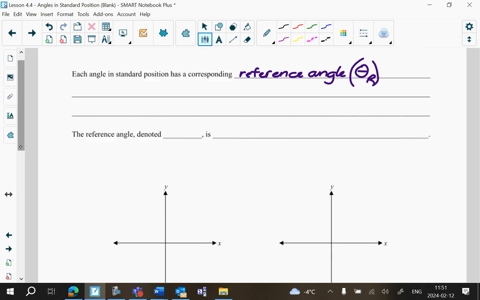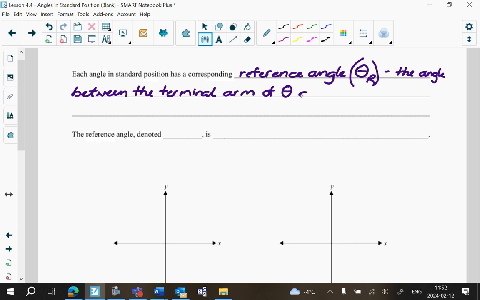The reference angle is the angle between the terminal arm of the original angle theta and the nearest x-axis.